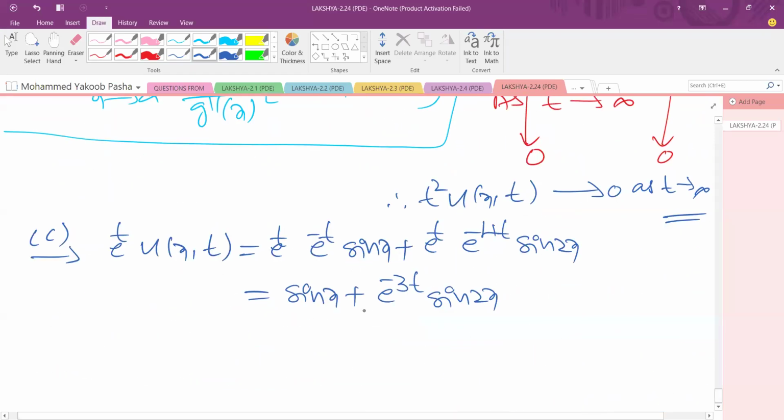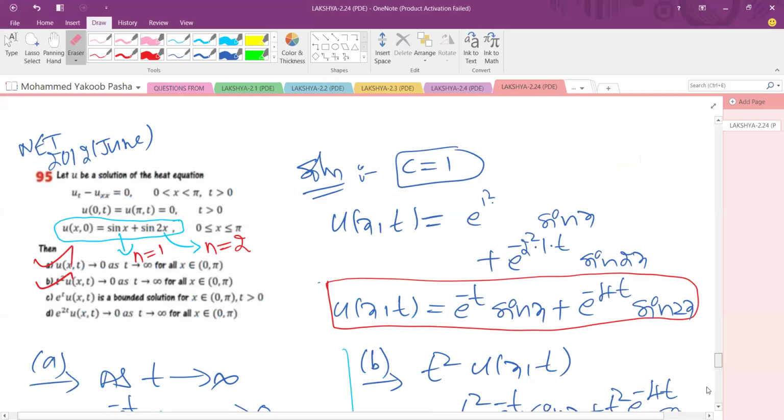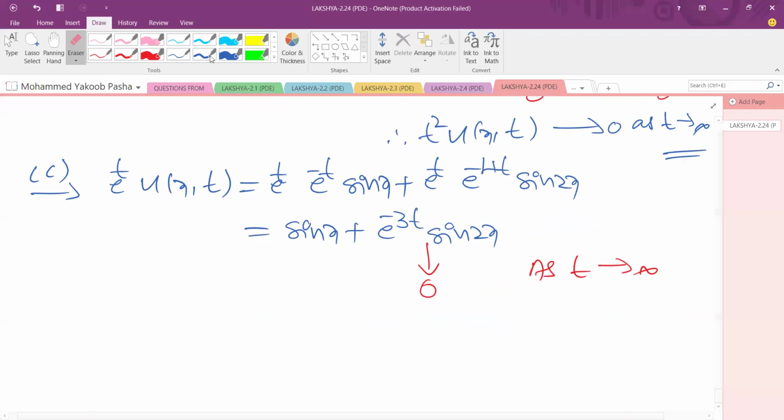As t tends to 0, what about e power minus 3t? Actually, I am checking boundedness, so we need to take a modulus value first.